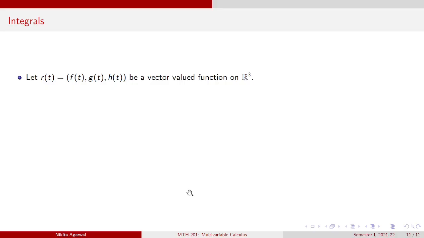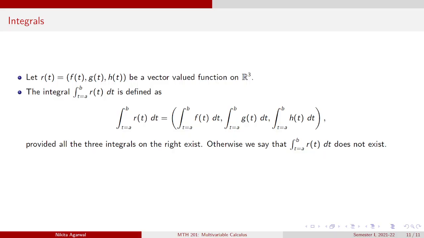Okay. Now we have talked about limits, continuity, differentiability. Now let us come to integrals. So suppose you have a vector valued function on R3 with components f, g, h. You define the integral from a to b of r(t) dt as you now push the integrals to each component, provided all these integrals exist.